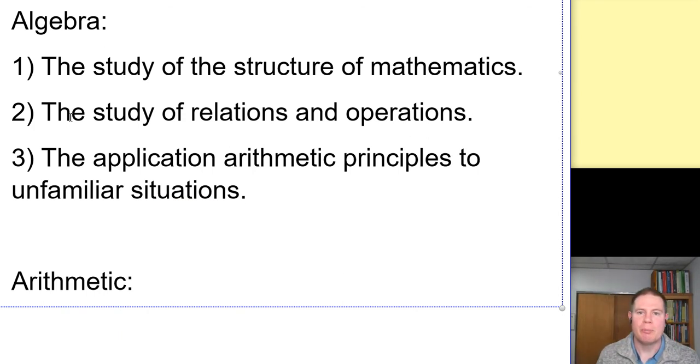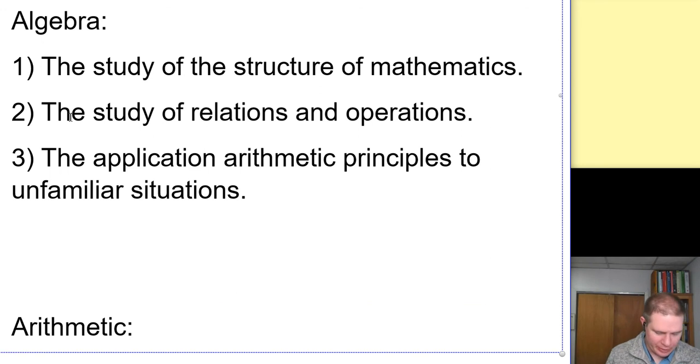Mathematicians create models of unfamiliar real-world situations. Well, applying arithmetic principles to unfamiliar situations is algebra, creating those models using arithmetic. And that brings us to the answer that's probably the most common, but is also the least accurate.